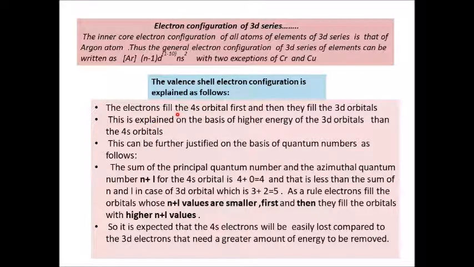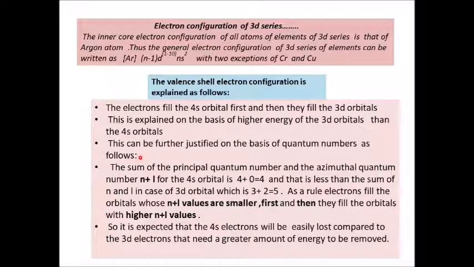Now, the valence shell configuration for these atoms is explained like this. The electrons first fill the 4s orbital and then they fill the 3d orbitals. A question may arise in our mind, why is 4s filled first? This is explained on the basis of the higher energy of the 3d orbitals than the 4s orbitals. Now another question, how can you know that? Have we measured it?